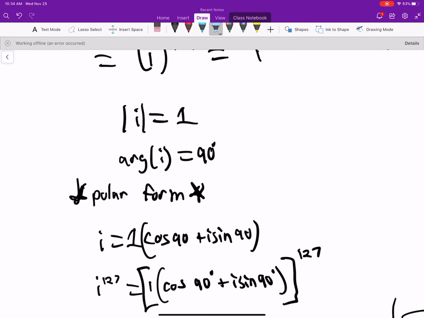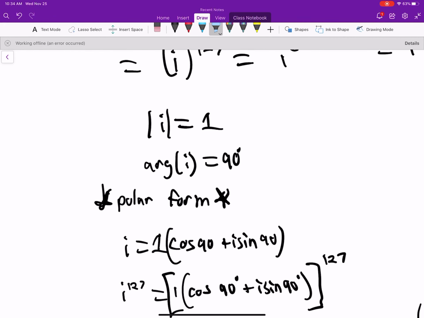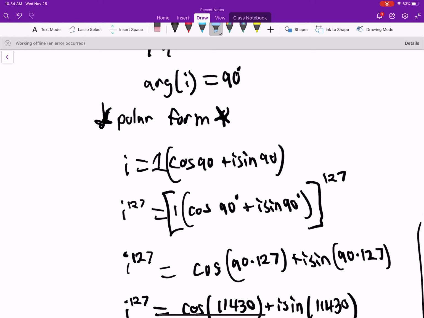First thing to do is, in order to go this route, we gotta first put i into polar form. So we know that's 90 degrees, and so then we say we got polar form. And don't forget this part right here, the modulus of it, because that's like, again, the whole idea of it.